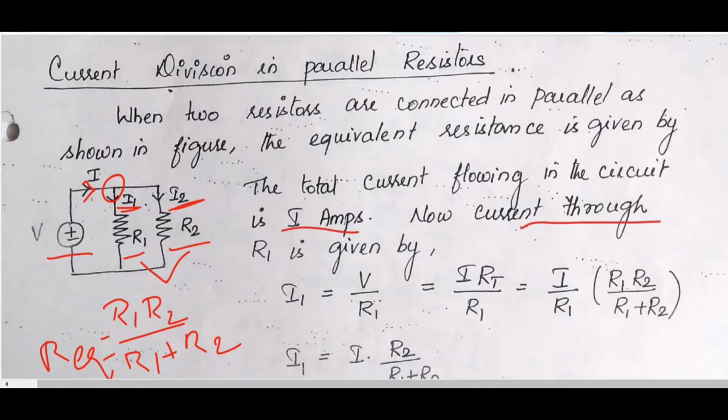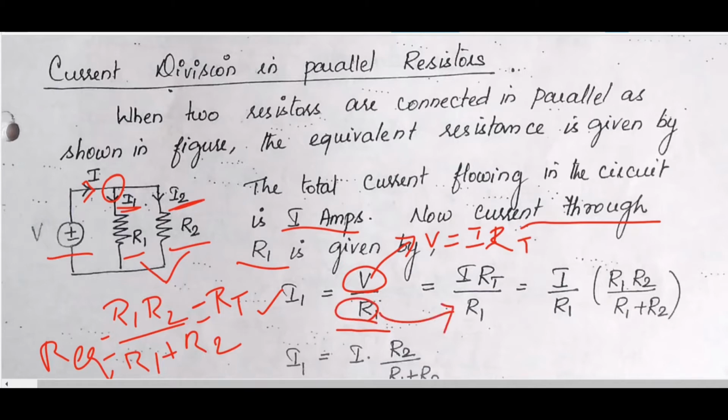Now the current through the R1 resistor is I1 equal to V by R1. How to write V? According to Ohm's law, V equals I into R, where R is R total or R equivalent. So I into R total divided by R1.